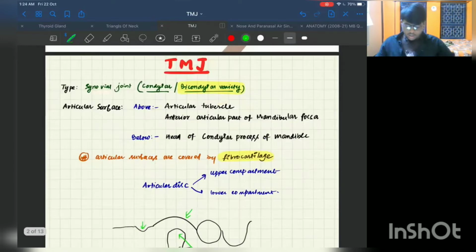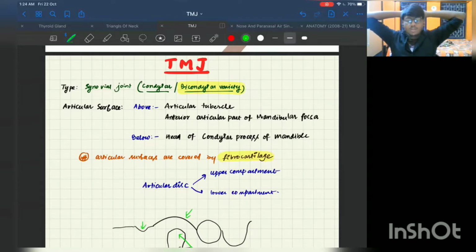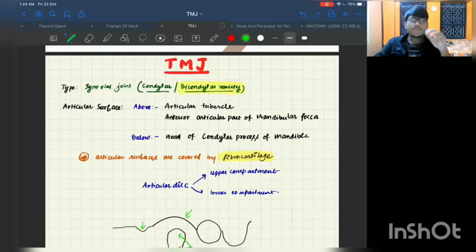Okay. Now, in case of all the synovial joints, the surfaces are covered by cartilage, but usually those cartilages are hyaline cartilage. Here comes the exception. In case of the temporomandibular joint, the surfaces are covered by fibrocartilage, not hyaline cartilage. And in this joint, there lies an articular disc inside the joint, which separates the joint into an upper compartment and a lower compartment.